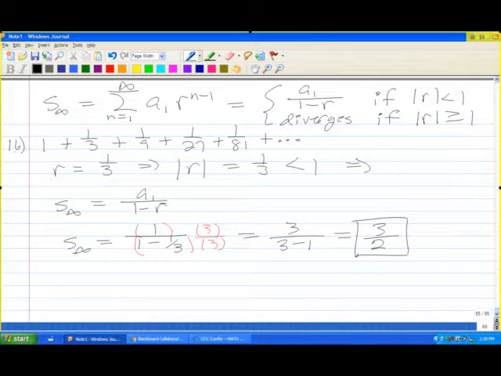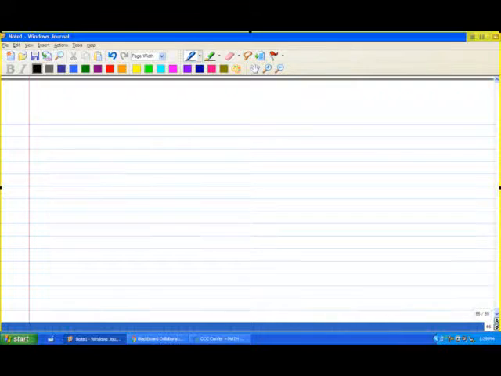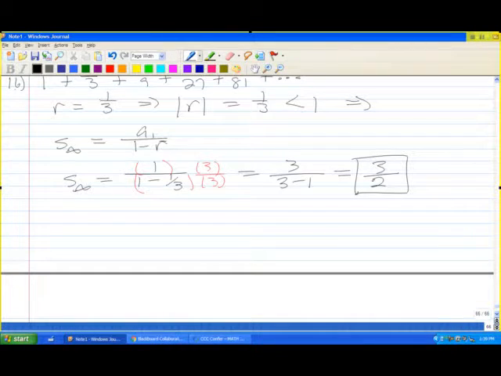Let me do problem number 19. 1 plus 2 plus 4 plus 8 plus 16. Let's find the sum of those.